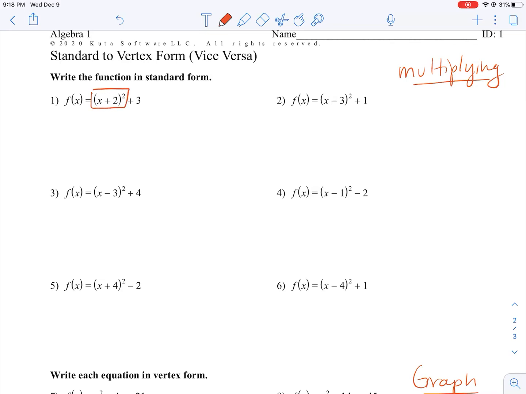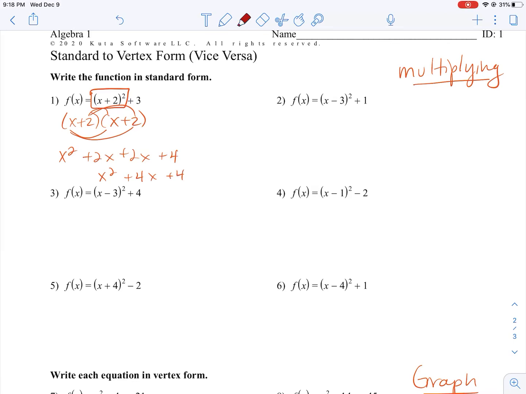So you're going to multiply this top one. So I'm going to do x plus 2 times x plus 2. So if I just distribute that, x times x is x squared, plus 2x, plus 2x, plus 4, which becomes x squared plus 4x plus 4.